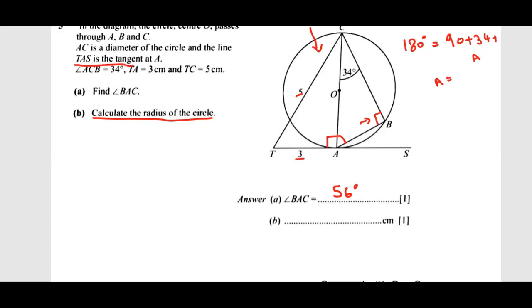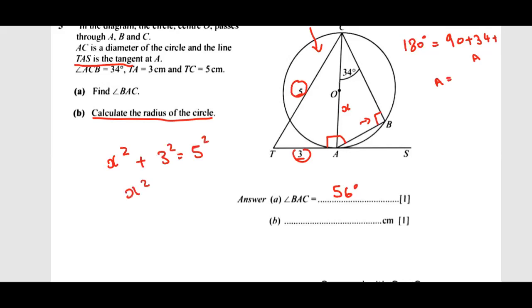Now this is your right angle triangle. You have two sides, 3 and 5. You can use the Pythagoras theorem to find AC. Let's write it down as x. So according to Pythagoras theorem, AC square, that is x, plus AT square, that is 3, equals 5 square.